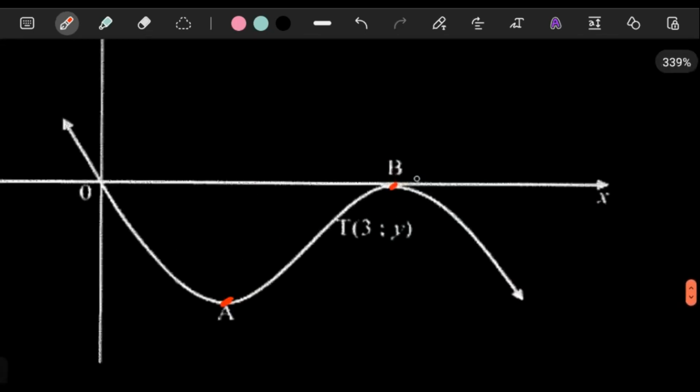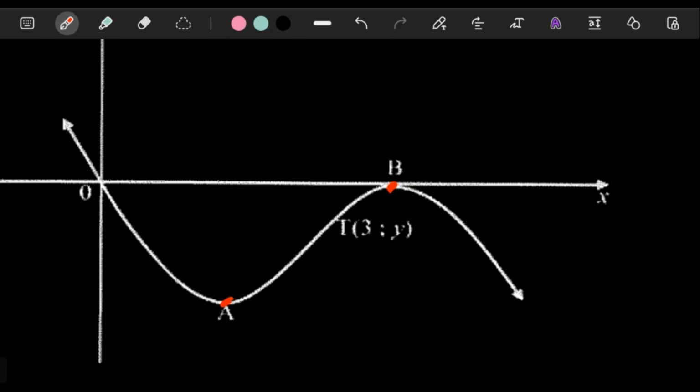So anytime a graph turns where there's an x-intercept, that has certain implications for the equation of the graph, that we should not forget.